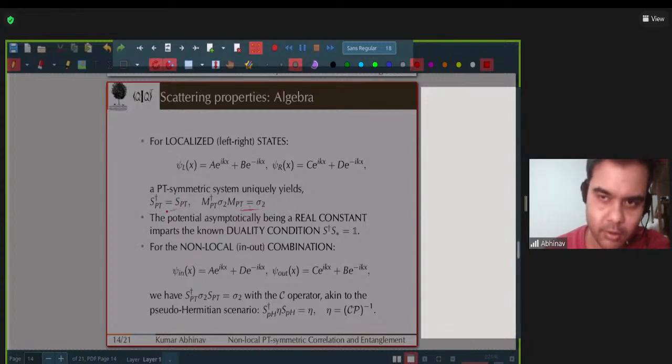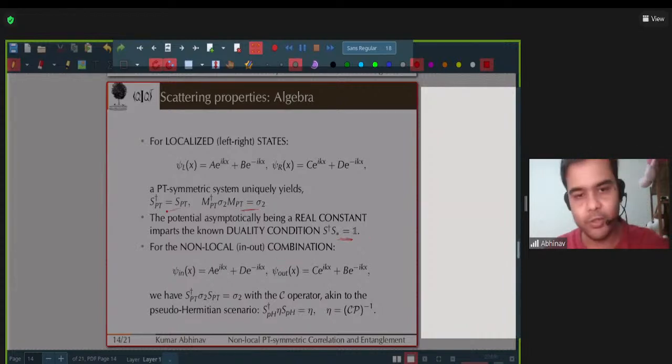For real or Hermitian systems, the scattering matrix is actually unitary, not Hermitian. Also, if the real part of the potential dies down to a constant asymptotically and the imaginary part vanishes, then you have something called the duality condition, which has been known in optical systems for a long time.